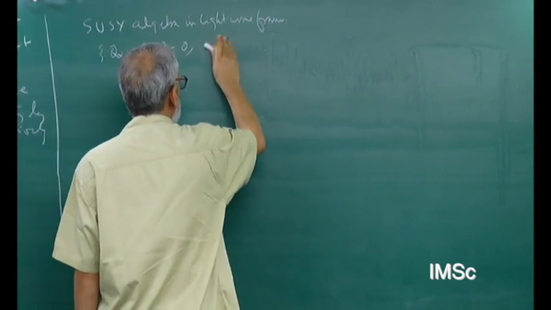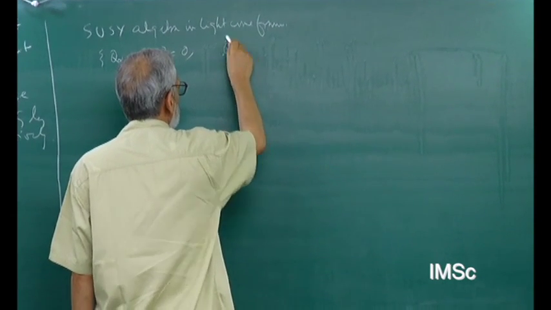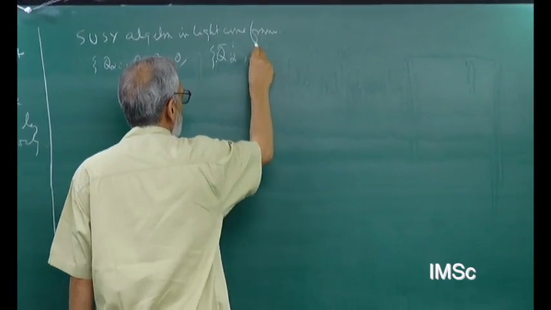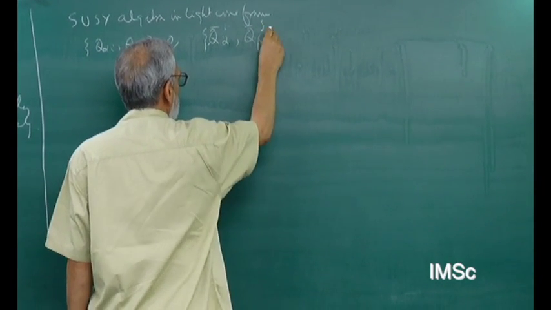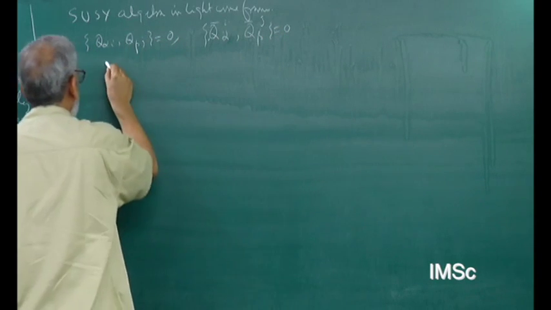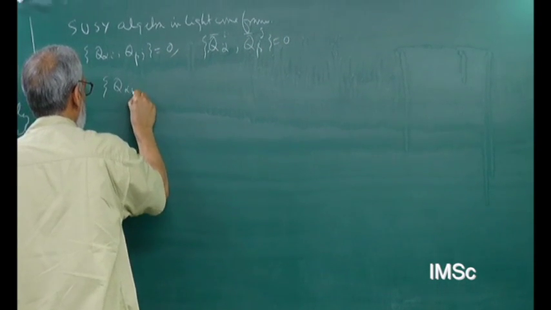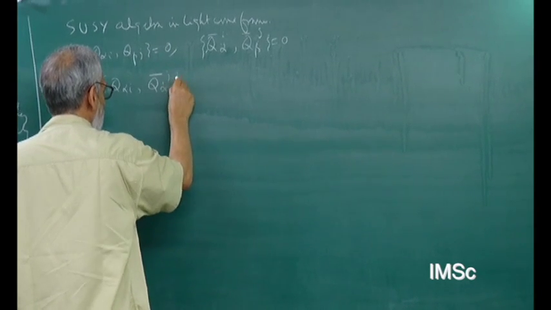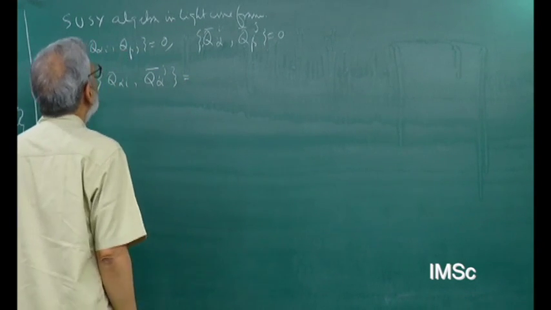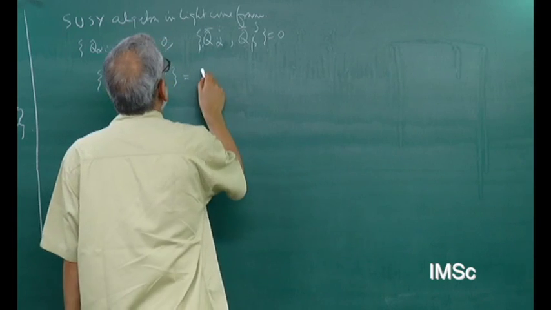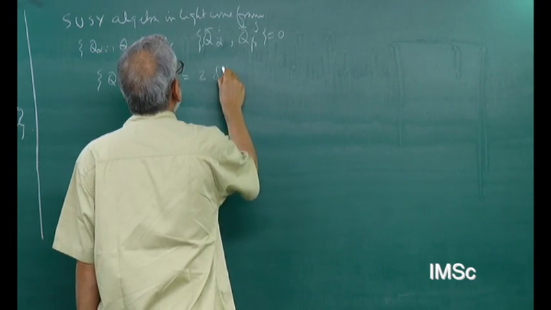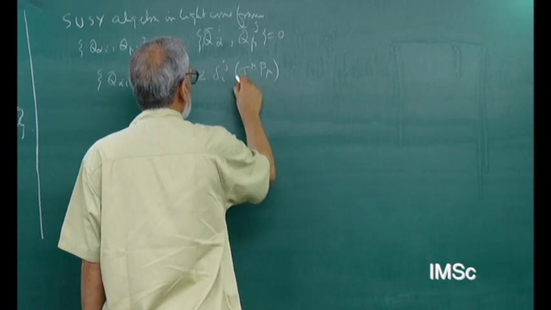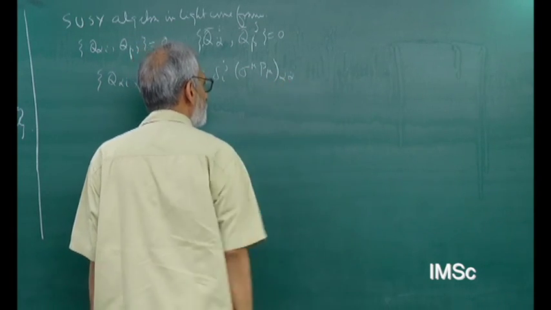We have no central charges. Q bar alpha dot I, Q bar beta dot J, anticommutator 0, and Q alpha I, Q bar alpha dot J, this object we had was twice delta IJ sigma mu p mu alpha alpha dot.